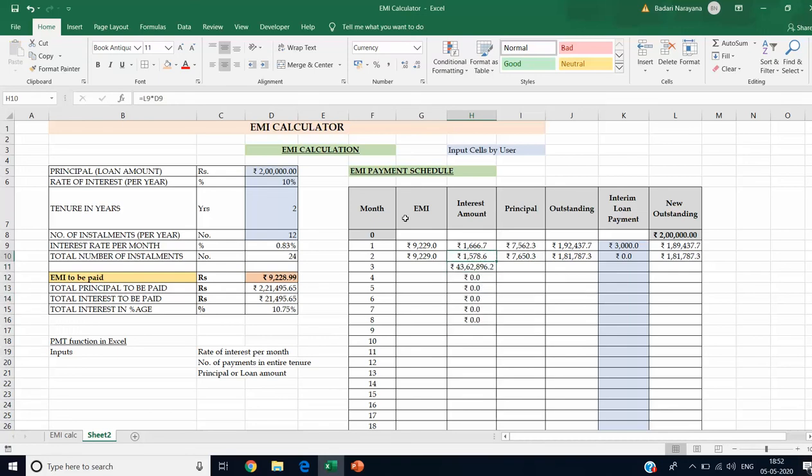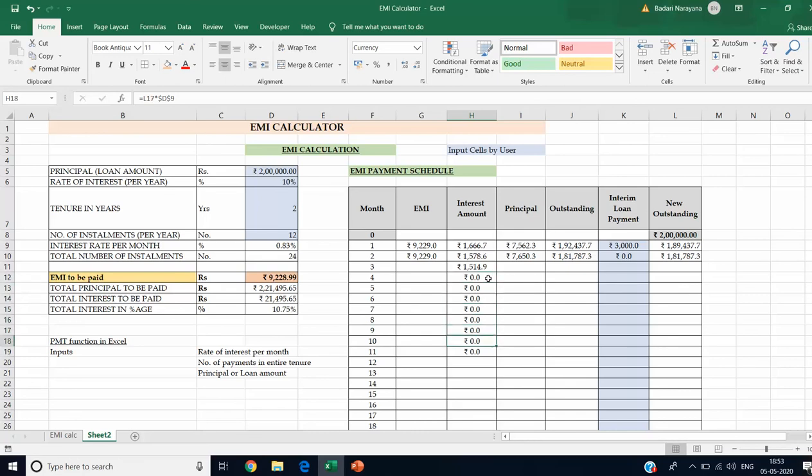While copying and pasting, if you copy this, L9 is going to change in every row: L10, L11, L12, L13, etc. I don't want this interest amount to change, so I just change this D9 to $D$9. So if I copy paste this to the next rows, you see L11, L12, L13 keep on changing, whereas D9 is not changing at all.